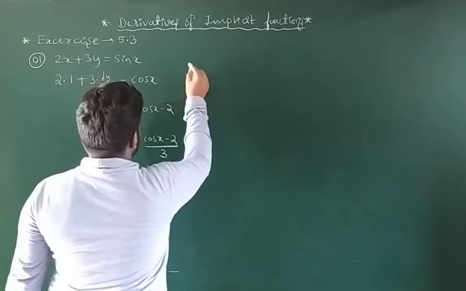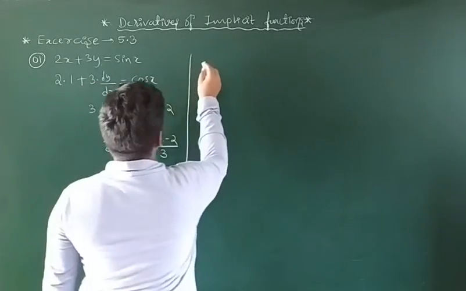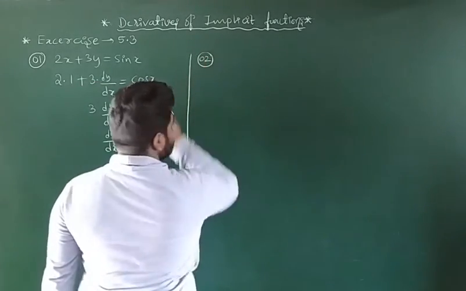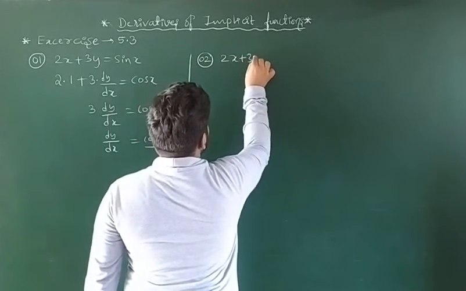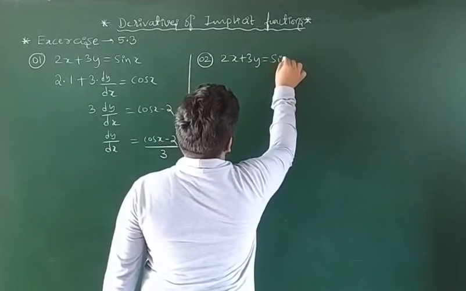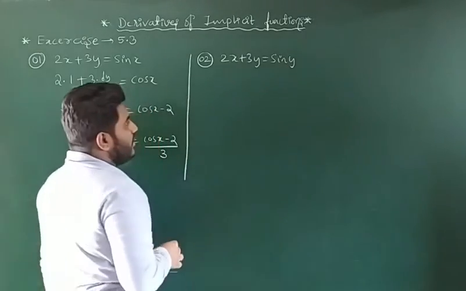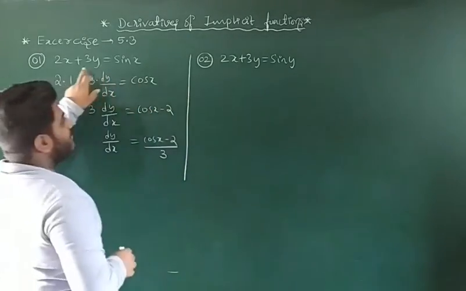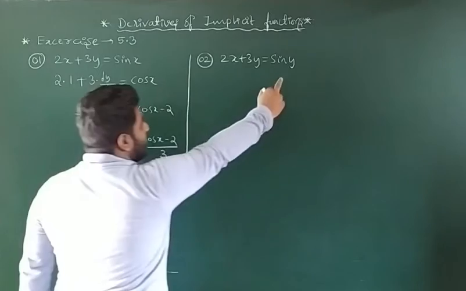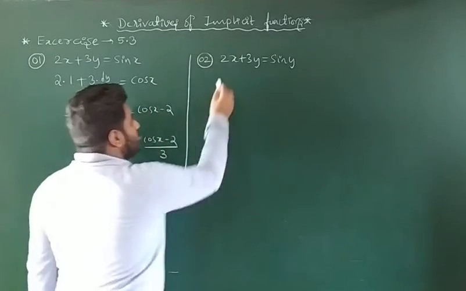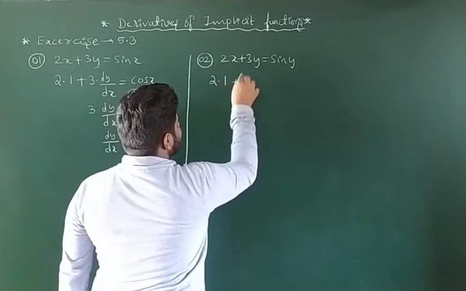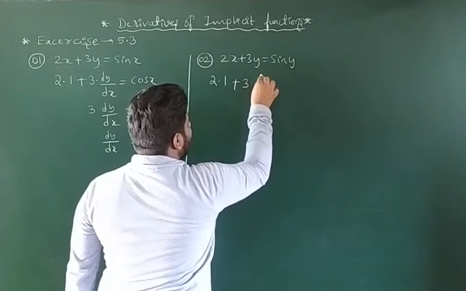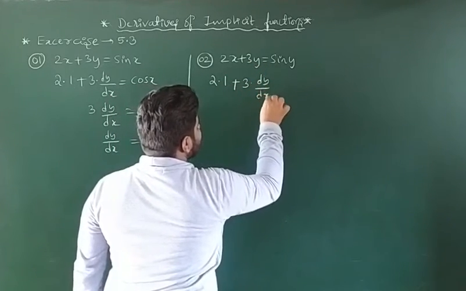Next one, the second example. I will write it here: 2x plus 3y equal to sin y. Carefully see here, only one thing is different. Earlier sin x was there, here they have given sin y. So the differentiation of 2x is 2, since 2 is a constant and the differentiation of x is 1, plus 3 is a constant, the differentiation of y is dy by dx.